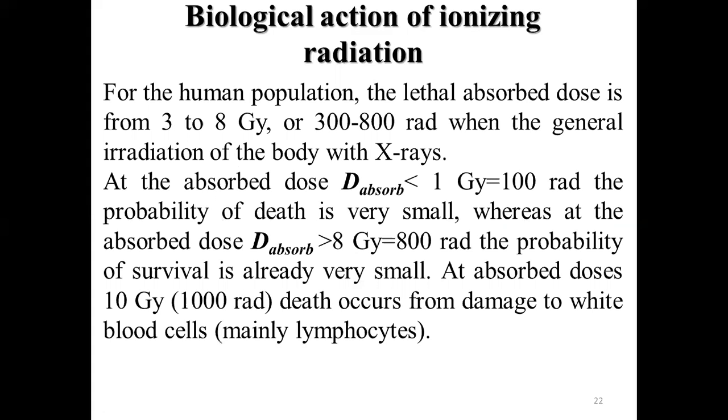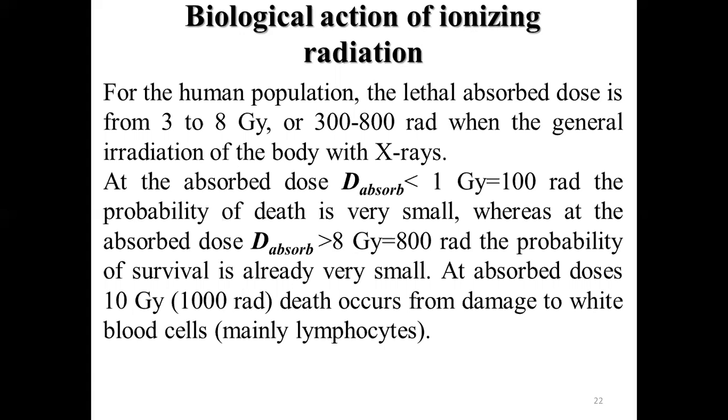At an absorbed dose less than 1 gray or 100 rad, the probability of death is very small, whereas if the absorbed dose is greater than 8 gray or 800 rad, the probability of survival is already very small.